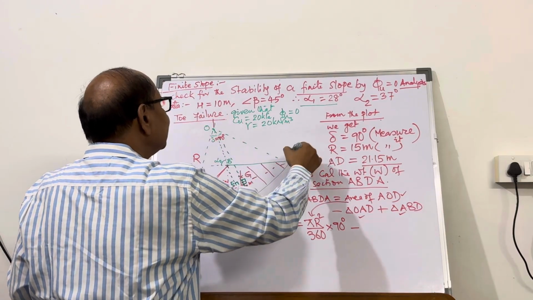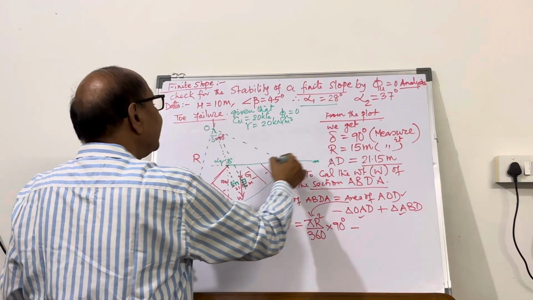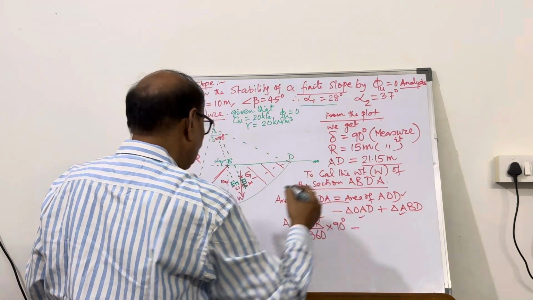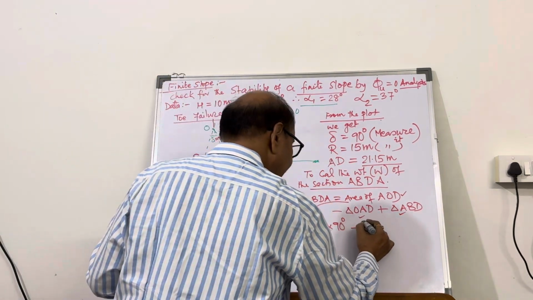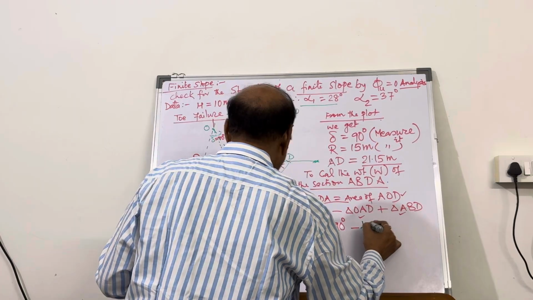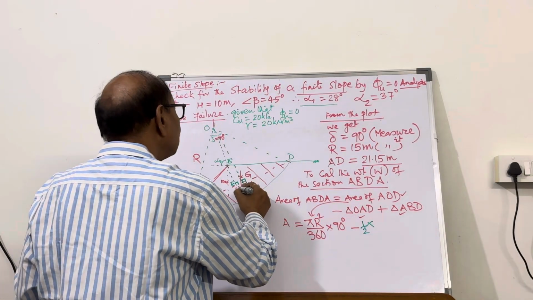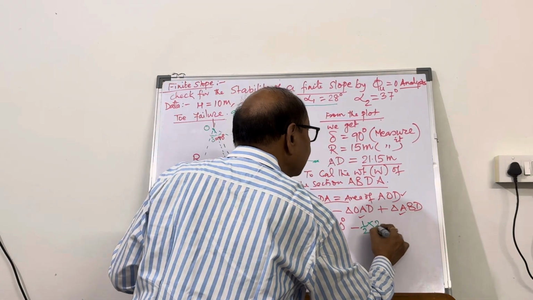So this larger triangle OAD will be half into base. Now base is 21.15.